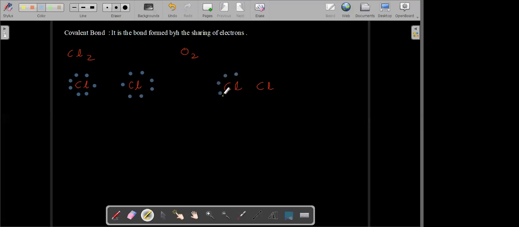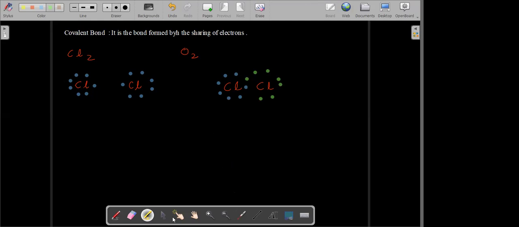This chlorine, which had 6 electrons, shares one of its electrons. The other chlorine also has 6 electrons, and it has also shared one of its electrons.